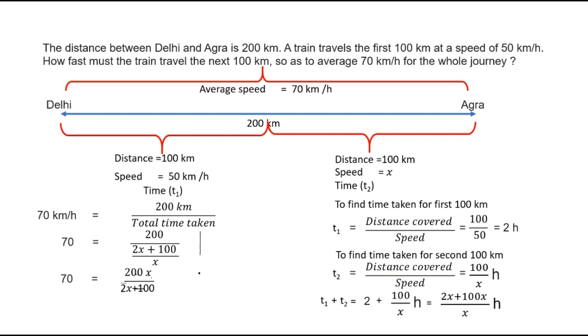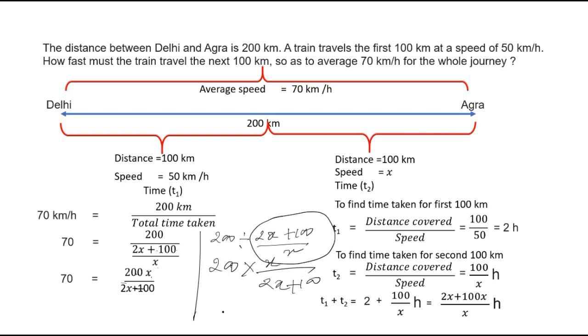So how has it come? You see, 200 divided by (2x plus 100) by x: the division by (2x plus 100) by x becomes the reciprocal of this.